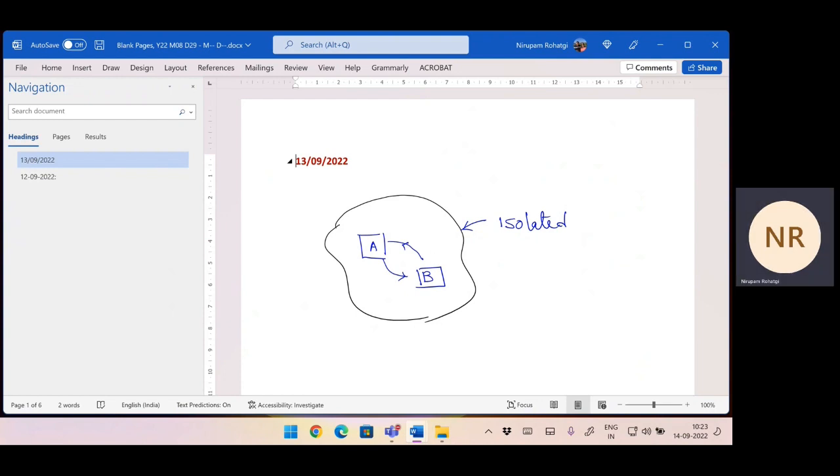If the system lies like this for a very long time, and there is exchange taking place, but at the end of it, maybe after 10 minutes, 15 minutes, or whatever the time duration is, the temperature of the two remains the same, then you can say they are in thermal equilibrium, or they are infinitesimally different from each other.